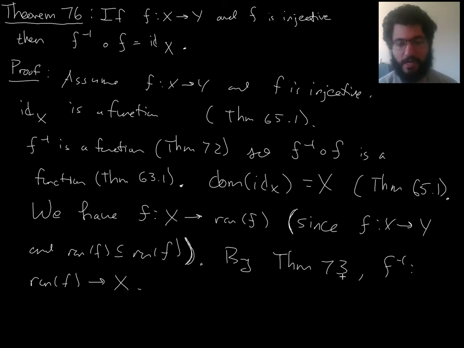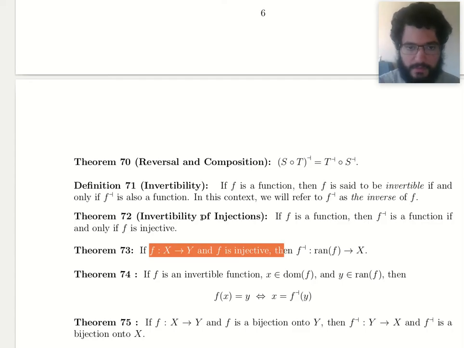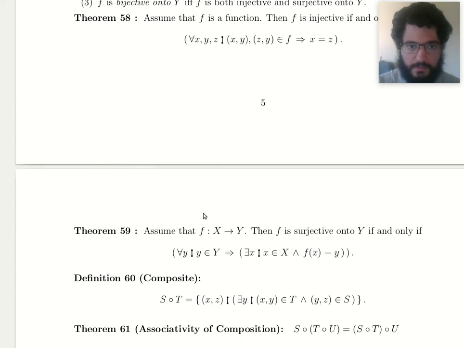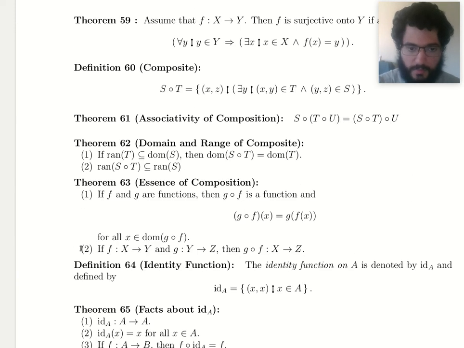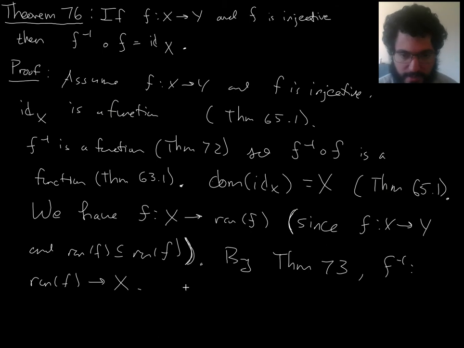And now I can apply that essence of composition theorem. So that's this one, part 2, 63.2. Okay. By theorem 63.2, f inverse composed with f maps.